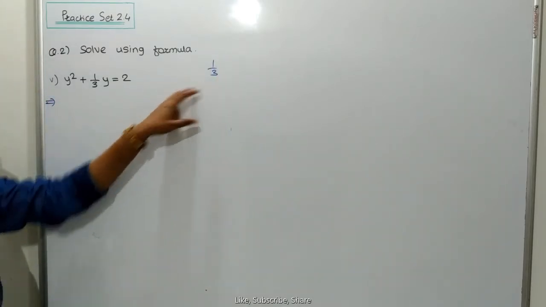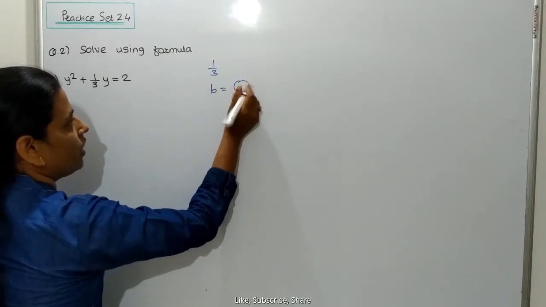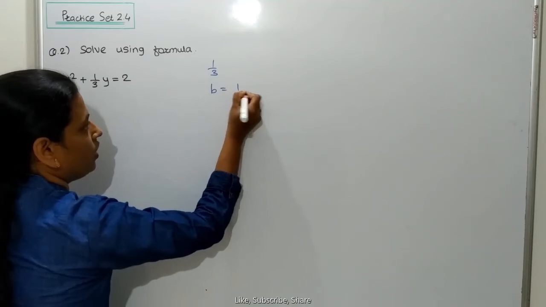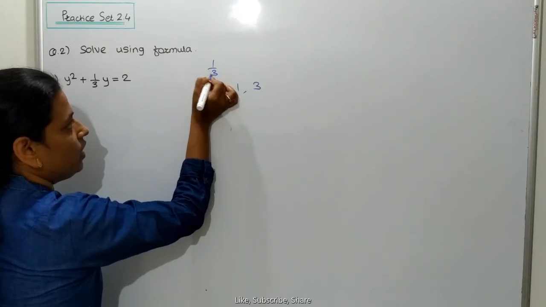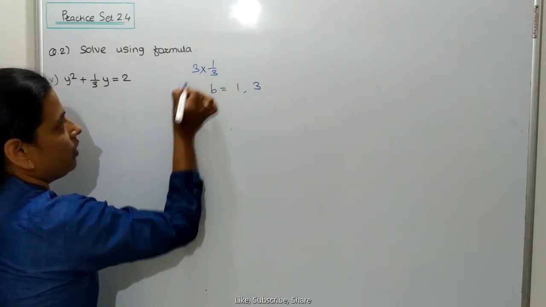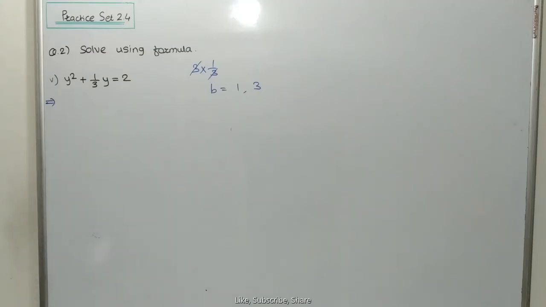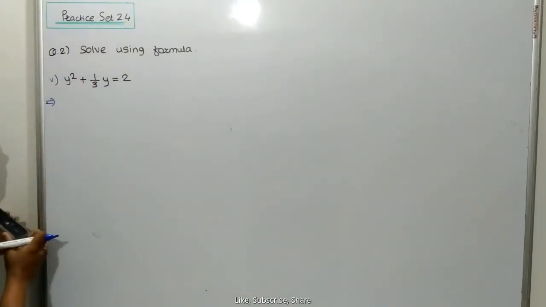But whatever the value of b, we consider it as a whole number. That means we can't consider the denominator part. That means we have to consider only 1, 3. So when we multiply by 3 itself, the 3 gets cancelled, then 1 is remaining. So for this purpose, we have to multiply this given equation by 3.